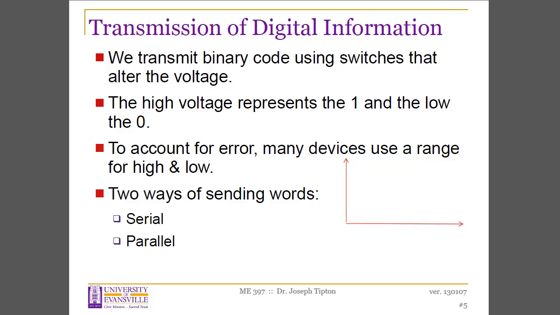And let's see, I'll call my vertical axis E for voltage, electromagnetic potential, and I'll call my horizontal axis T for time, since we're transmitting the signal over time. And what we end up with is a bunch of voltage pulses. So let's say here's a voltage pulse, and let's say that's coming across as 5 volts.